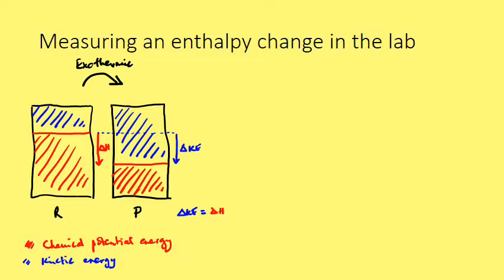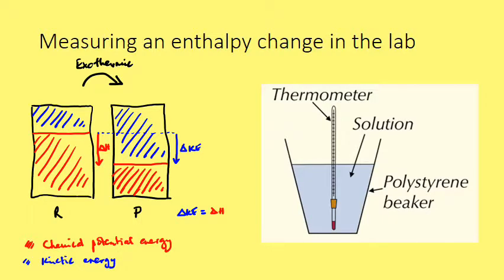The way that we do that in the lab varies on what type of reaction you are dealing with. In GCSE, you will have done simple experiments to find out whether reactions are exothermic or endothermic, and you may well have used a setup like this, where you've got a polystyrene beaker, and you add two reactants, perhaps an alkali and an acid.